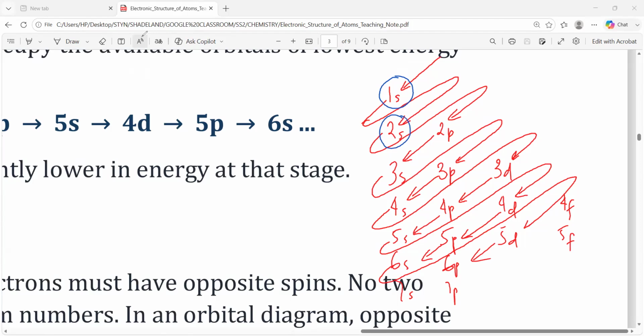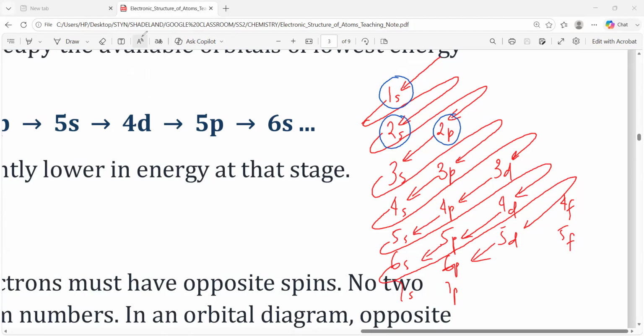Now you understand it. Now, this is 2p, and 2p means the p set of orbitals in the second shell. So in the second shell, how many electrons can the p carry? 6. Very good.